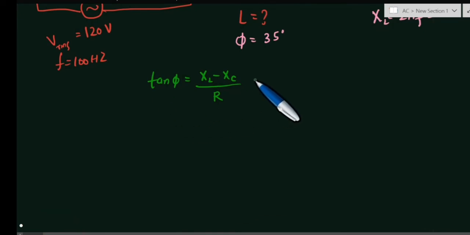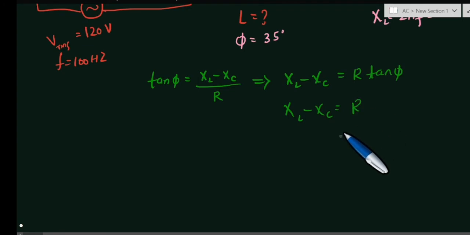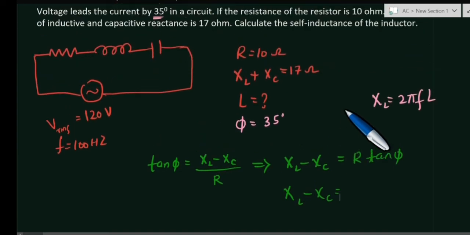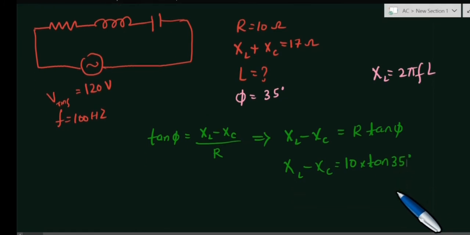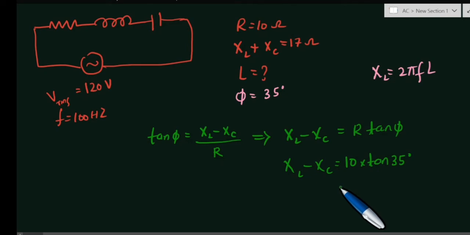So XL minus XC from this equation we will get XL minus XC is equal to R tan phi. So XL minus XC is equal to R, R value is given, I will substitute that. R value is equal to 10 ohm, tan 35 degree.